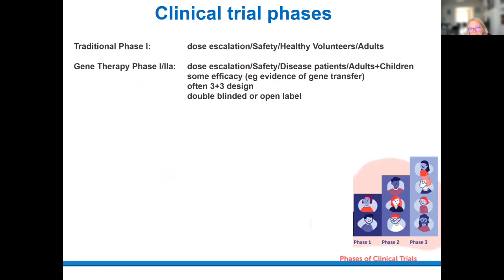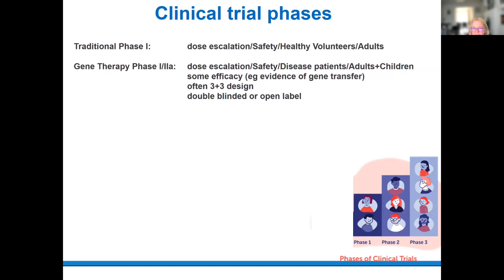And then there are many phases of clinical trials. Traditionally, a phase 1 clinical trial is a dose escalation study. And if you just use a biologic or a small molecule drug, for example, paracetamol, you would do a phase 1 clinical trial in healthy volunteers and generally in adults. Now, that's not the case for gene therapy trials.